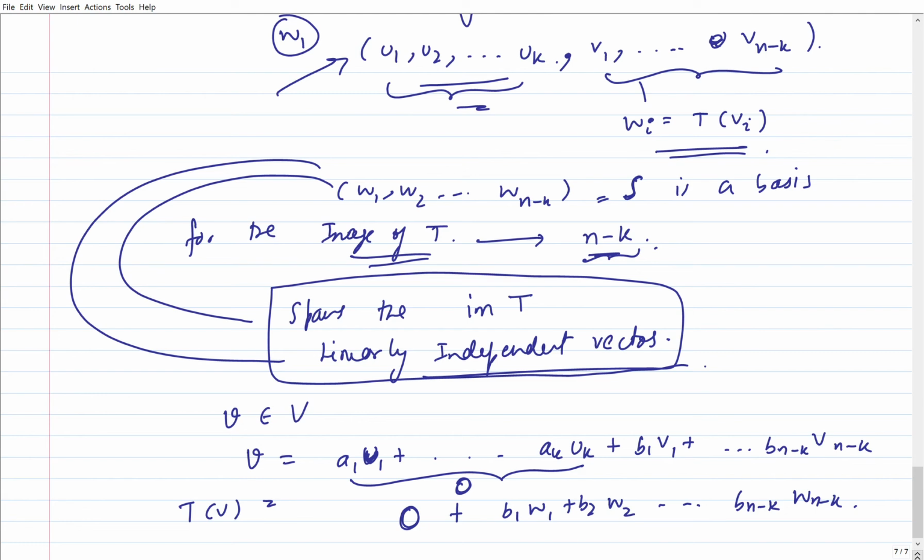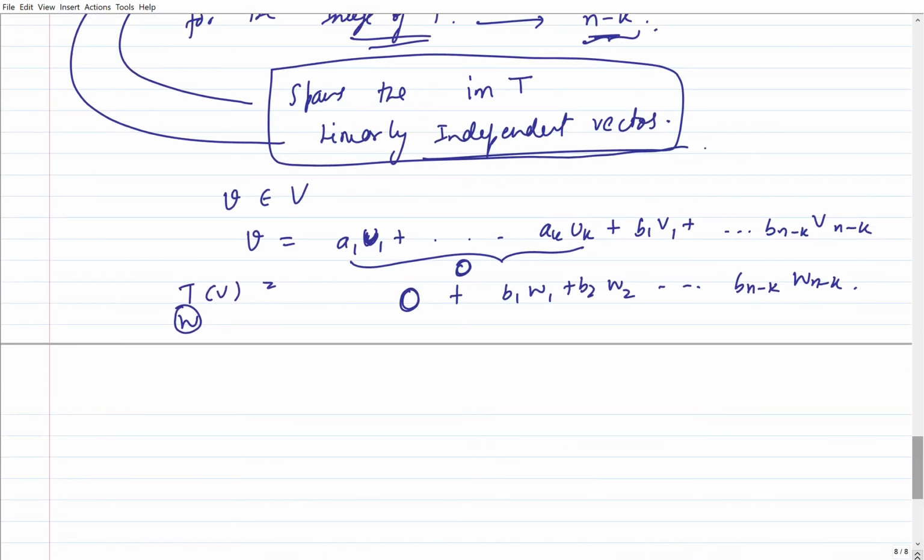So what do we have? I have some vector w which was obtained by hitting with the transformation, and this vector can be represented as a linear combination of all the w's.